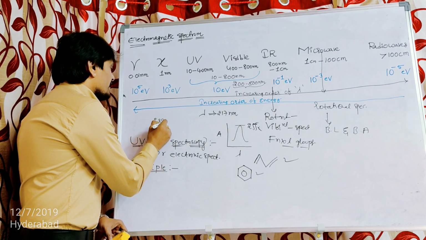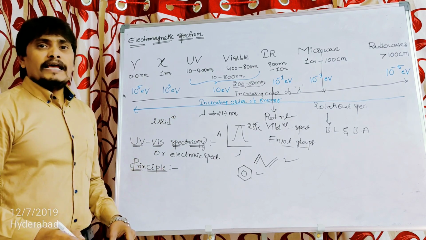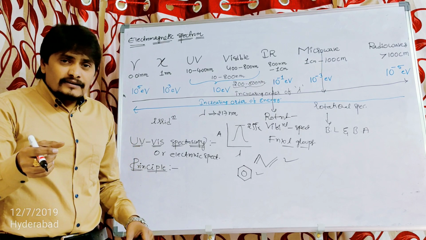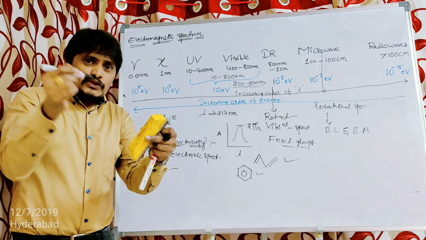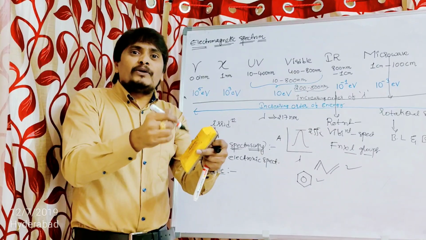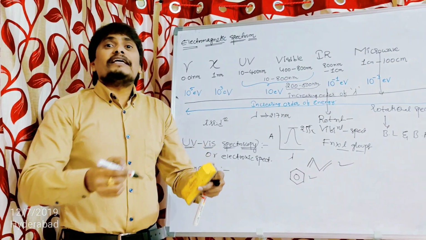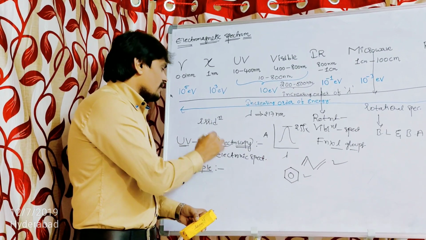So what do you mean by irradiation, students? Irradiation means whenever radiation is passed through the sample, what is happening to the sample? That is nothing but irradiation. So that is the definition of UV visible or electronic spectroscopy.